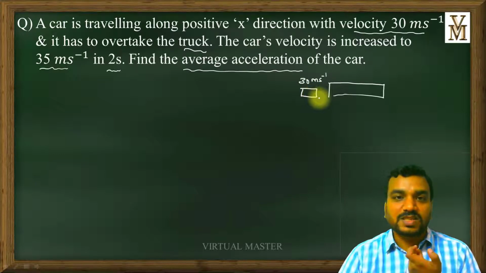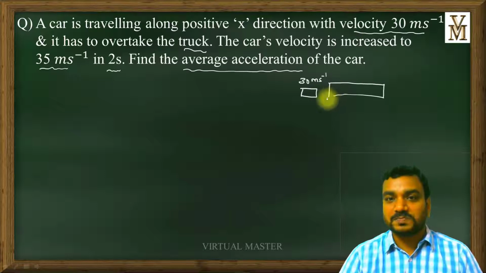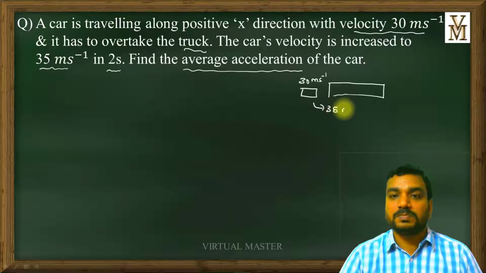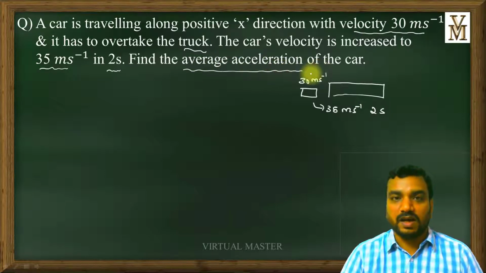Without increasing the velocity the car cannot overtake the truck. So how much is the velocity increased? The velocity is increased to 35 meter per second, in 2 seconds. In this case we have to find the average acceleration of the car.